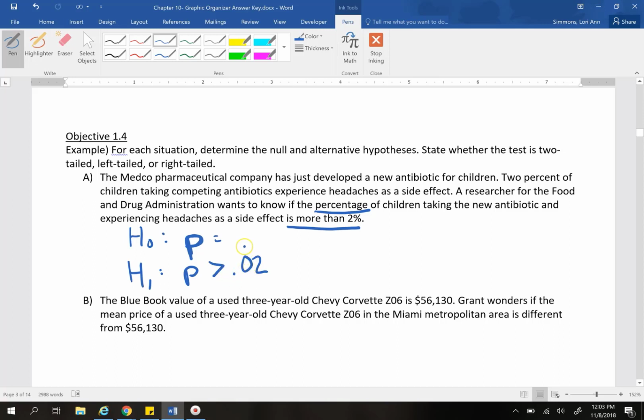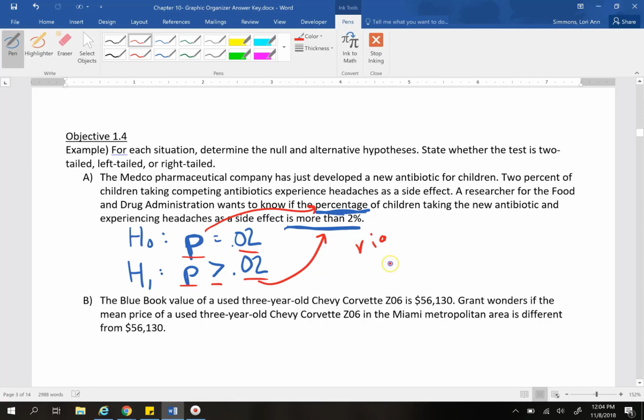Once you have this filled in, then you can copy that number up here. So these numbers always need to match. These parameters always need to match. This is always an equal sign. So basically you get this information within the problem to figure out what the letter is, the parameter, what the symbol is, and what the number is. Okay, this is a right-tailed.